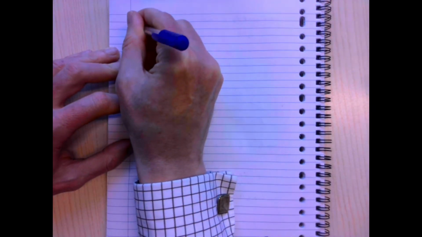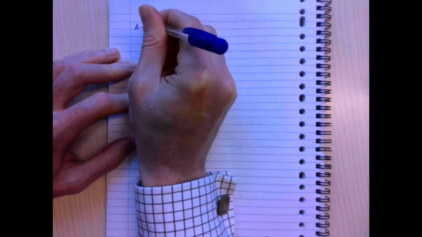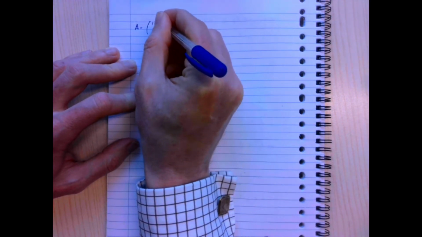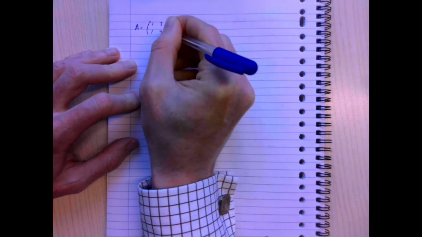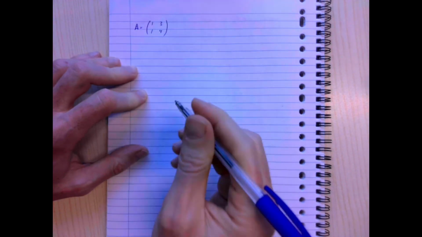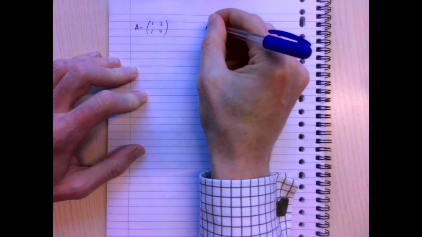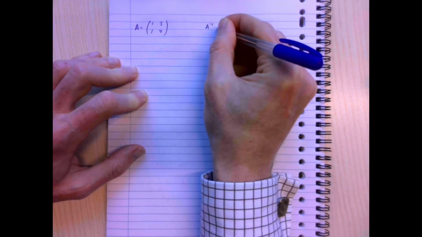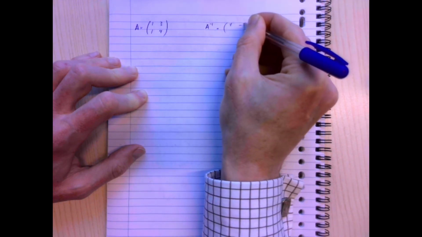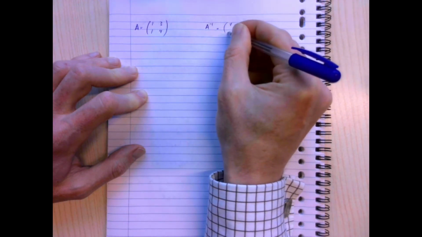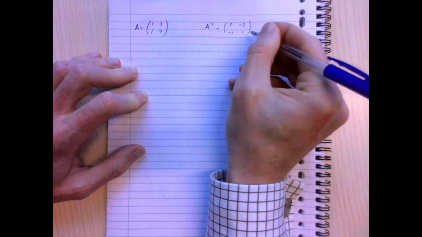So I have this matrix A, and it's given by 1, 3, 1, 4, depending on how you read this. I'm claiming the inverse to this matrix is 4, -3, -1, 1.